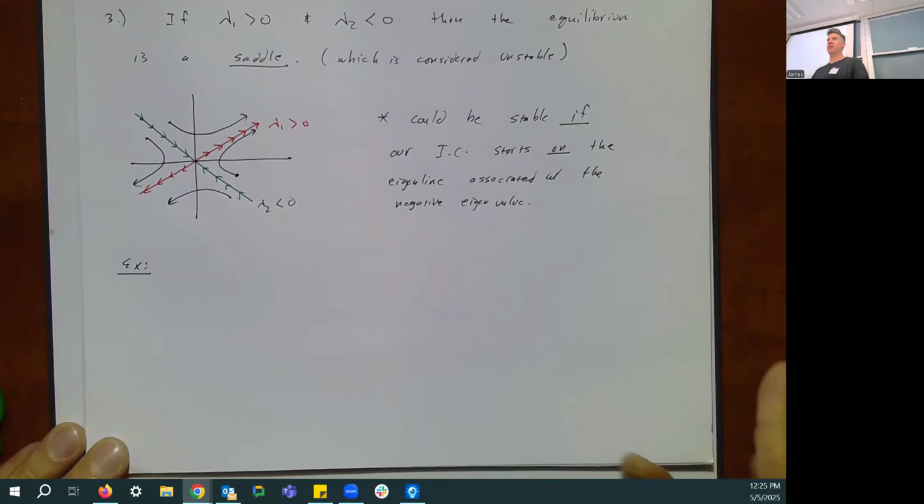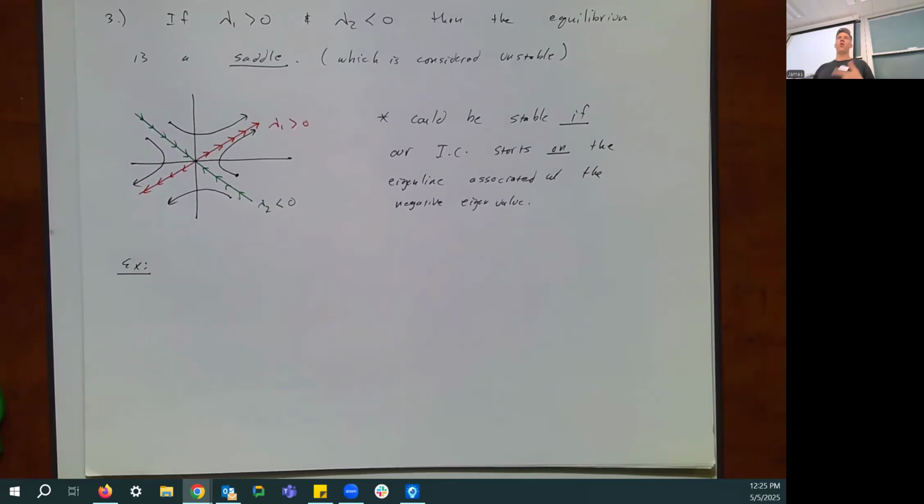Oftentimes when we get to this stage of the game, we stop writing out the whole thing.